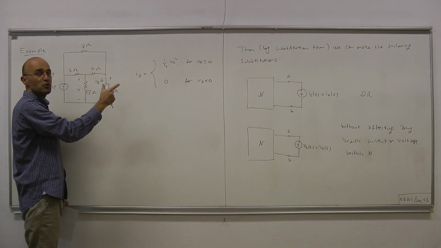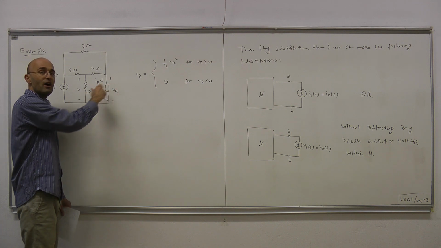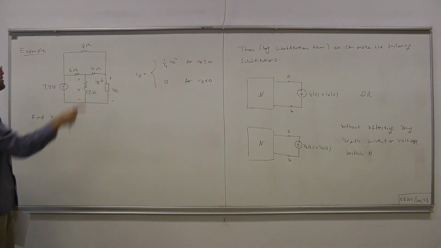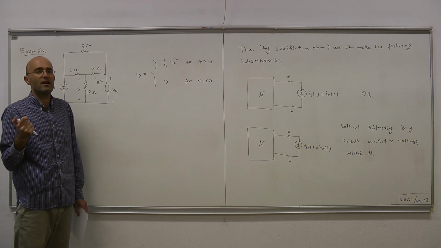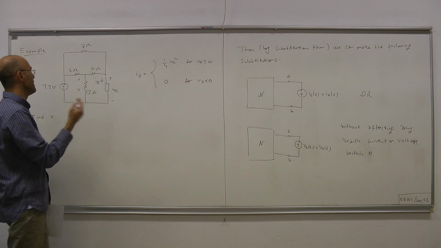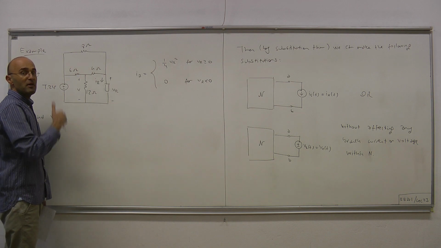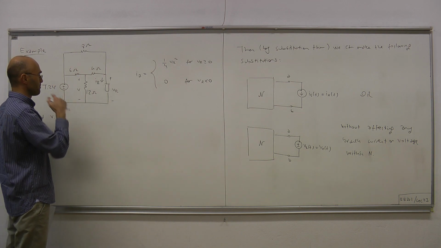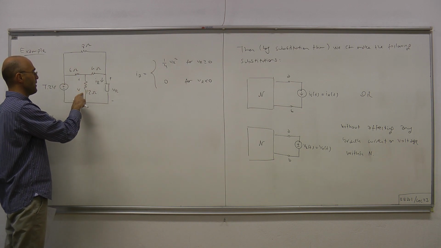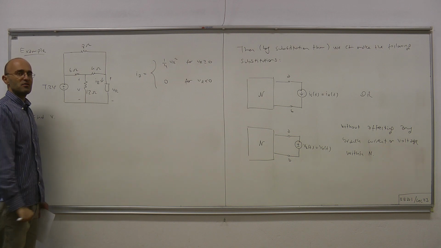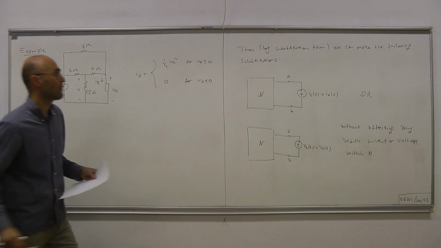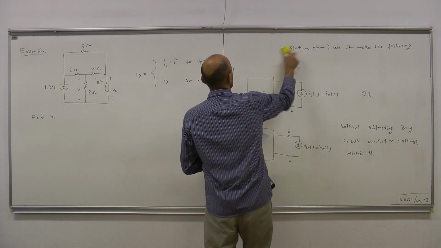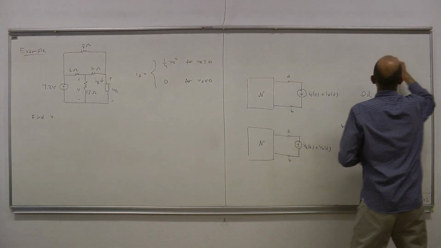After that substitution, this is replaced by an independent source, and this circuit becomes completely LTI. It's an LTI resistive circuit, and then apply your favorite method, mesh analysis or node analysis, to figure out the variable that you're asked for. So let's now apply that strategy and obtain the voltage.